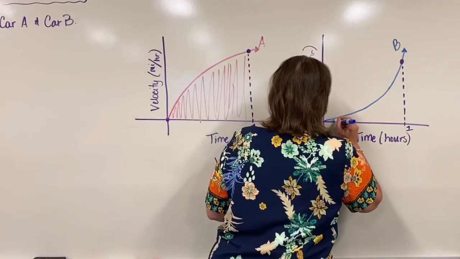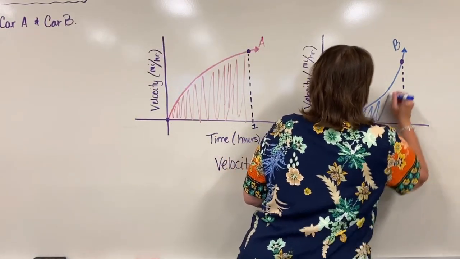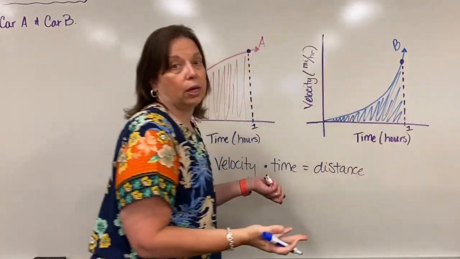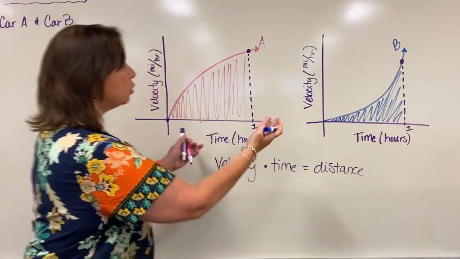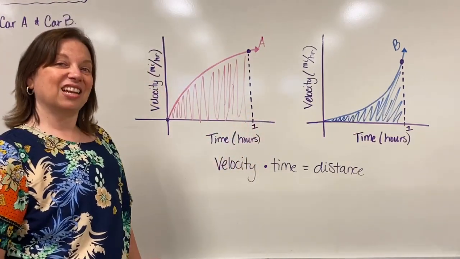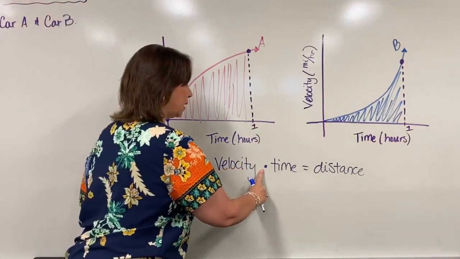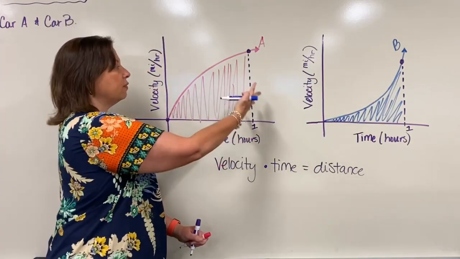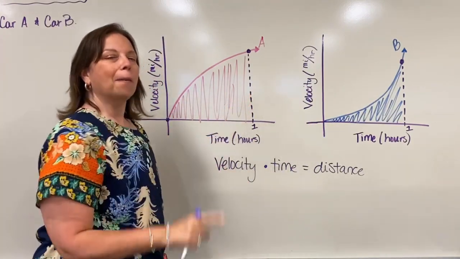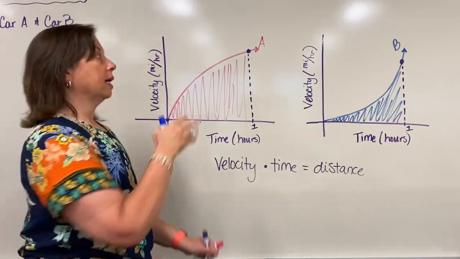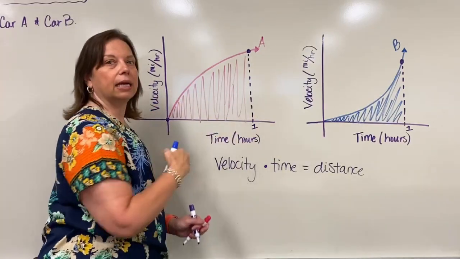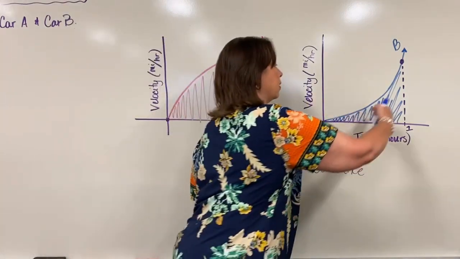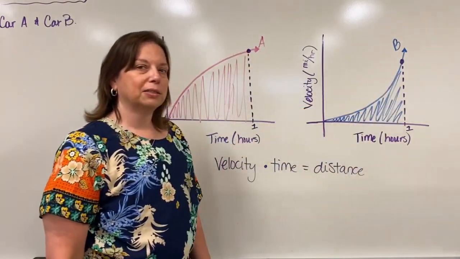So this little area right here would give us the actual distance that car B traveled, if we could calculate it at this point. But you can even see something interesting if you just think about multiplication as an area itself. We already visually see that car A must have traveled further, given that the area here under car A's curve is larger than the area over here under car B's curve.